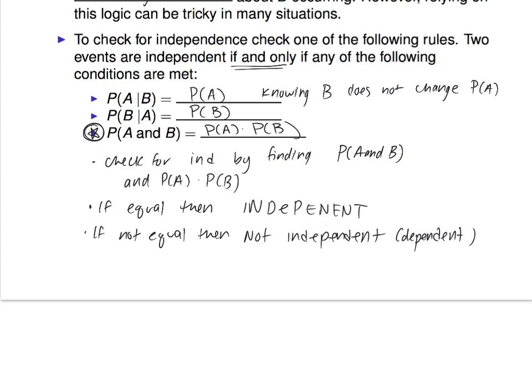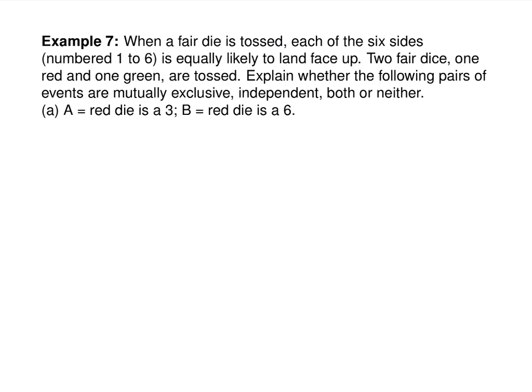Okay, so let's try that with full examples. When a fair die is tossed, each of the 6 sides numbered 1 to 6 is equally likely to land face up. 2 fair dice, 1 red and 1 green, are tossed. Explain whether the following pairs of events are mutually exclusive, independent, both, or neither. Okay, so mutually exclusive, can I use ME for that?